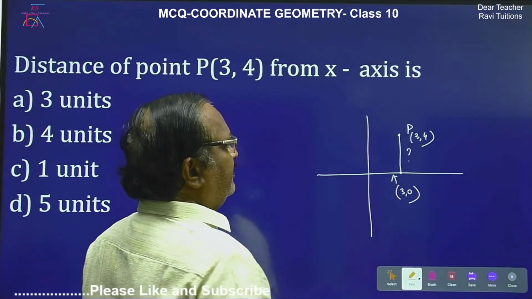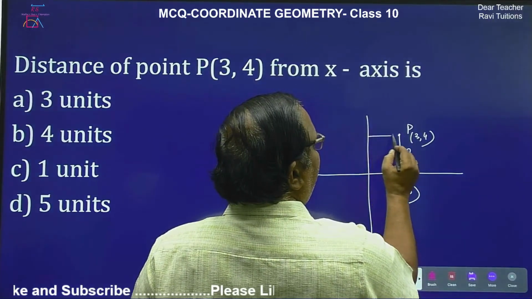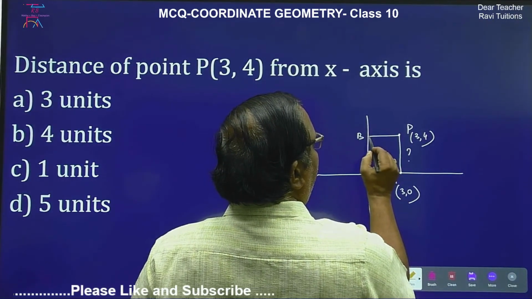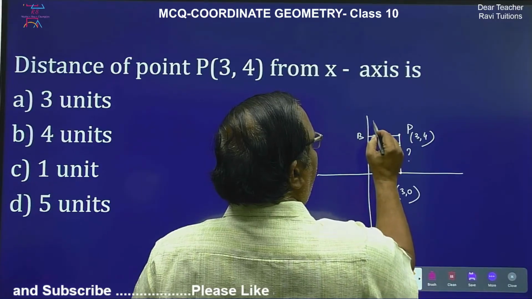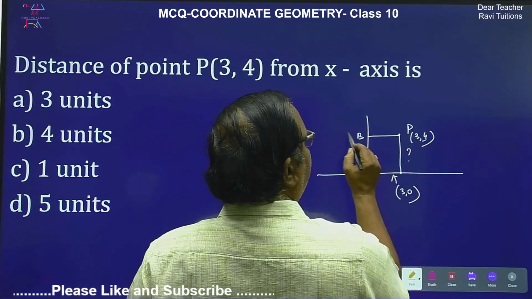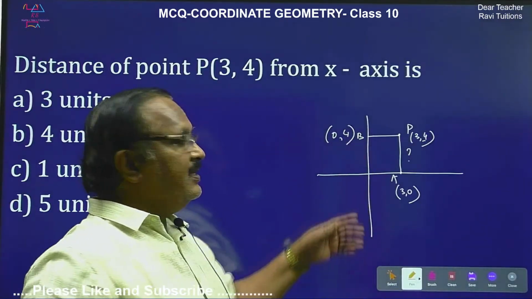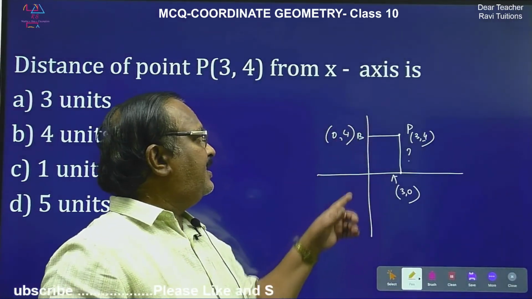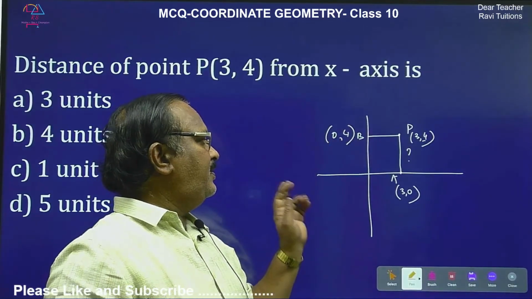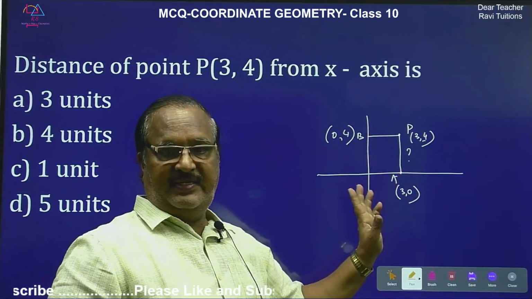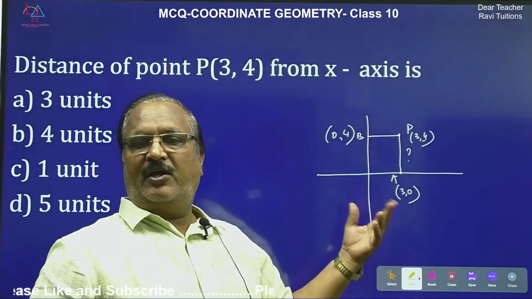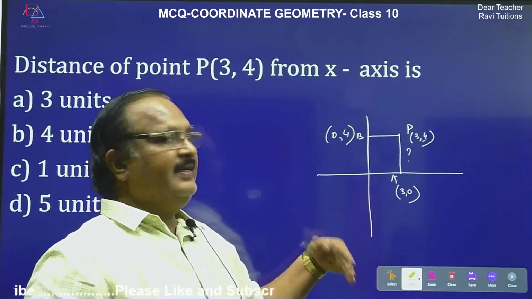Suppose it is given like this, then what will B be? On the y-axis it is 4 and on the x-axis it is 0. That means on the y-axis x is 0, and on the x-axis y is 0. If you remember this, automatically you will get it.